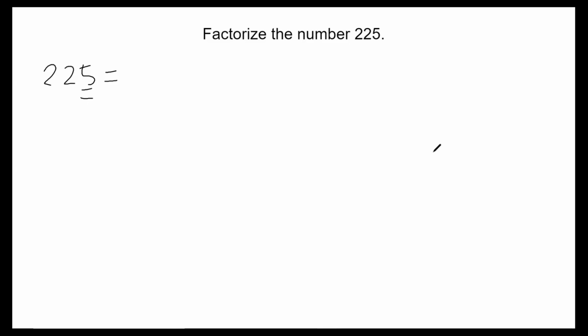So if we divide 5 into it, we get 5 times 45. And 45 ends in 5 again, so we can divide another 5 out. So that becomes 5 squared times 3 squared. And that is our factorization.